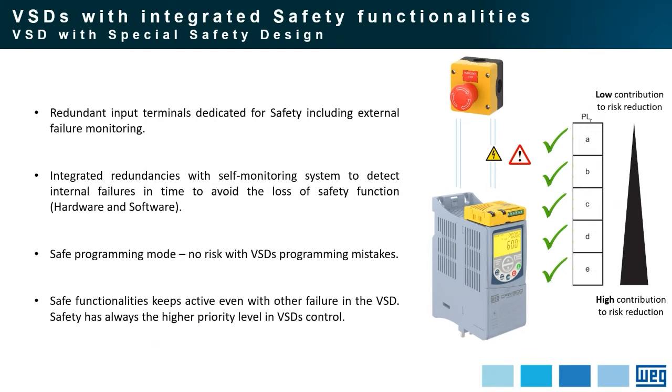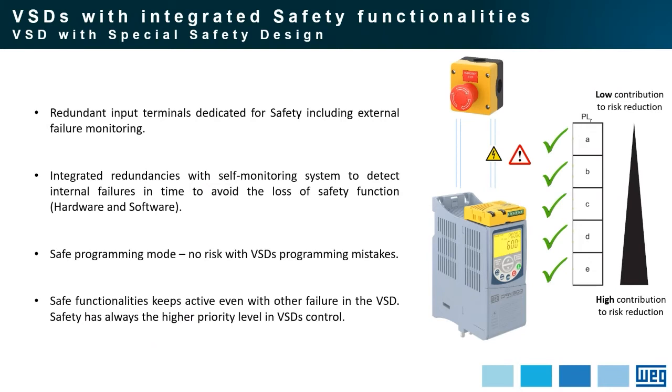Also, the variable speed drive has integrated redundancies with a self-monitoring system to detect internal failures in time to avoid the loss of safety functions. And so it includes special hardware with several redundancies and also special software that will do all the self-monitoring of this variable speed drive to make sure that the safety functionalities are running well.